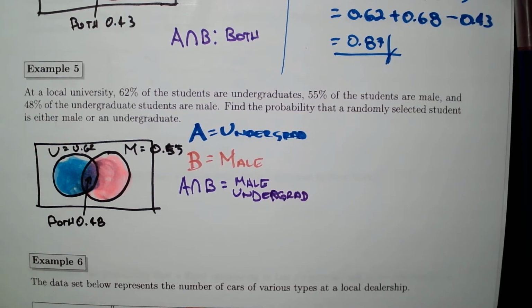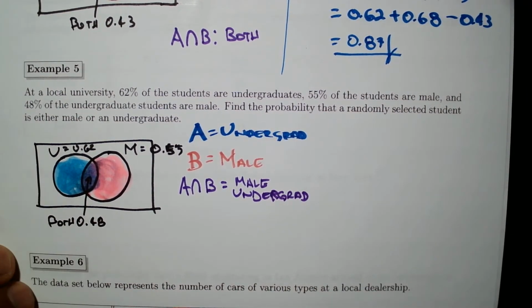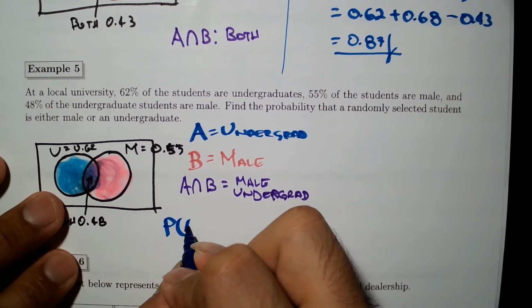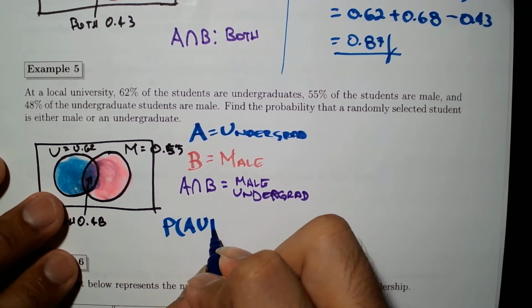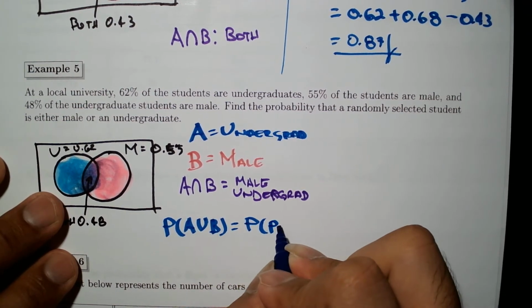So when we find the probability that a randomly selected student is either male or undergraduate, we're going to use the usual formula. P of either A or B, either one or the other, will be the addition of both probabilities.